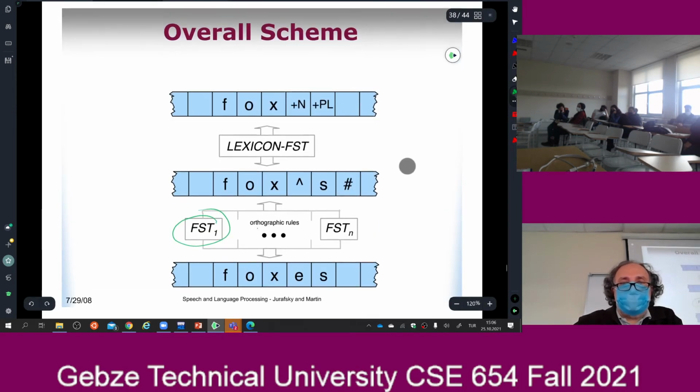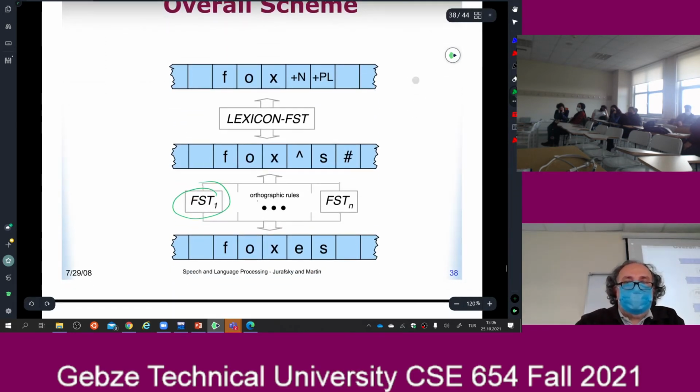Other than the computer science people, nobody uses these intermediate levels. Okay, this is for our algorithms only. So we have to invent this kind of representation.